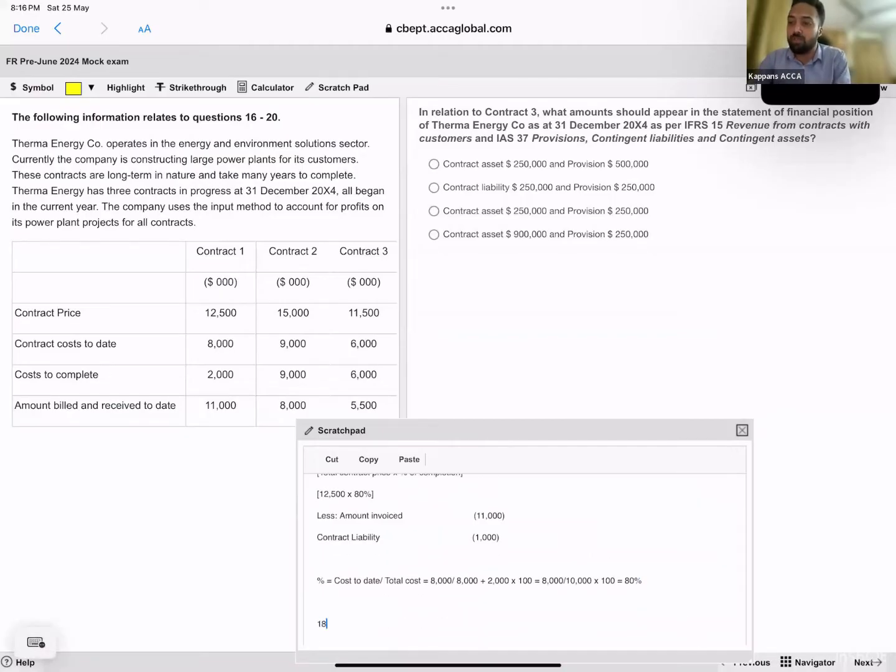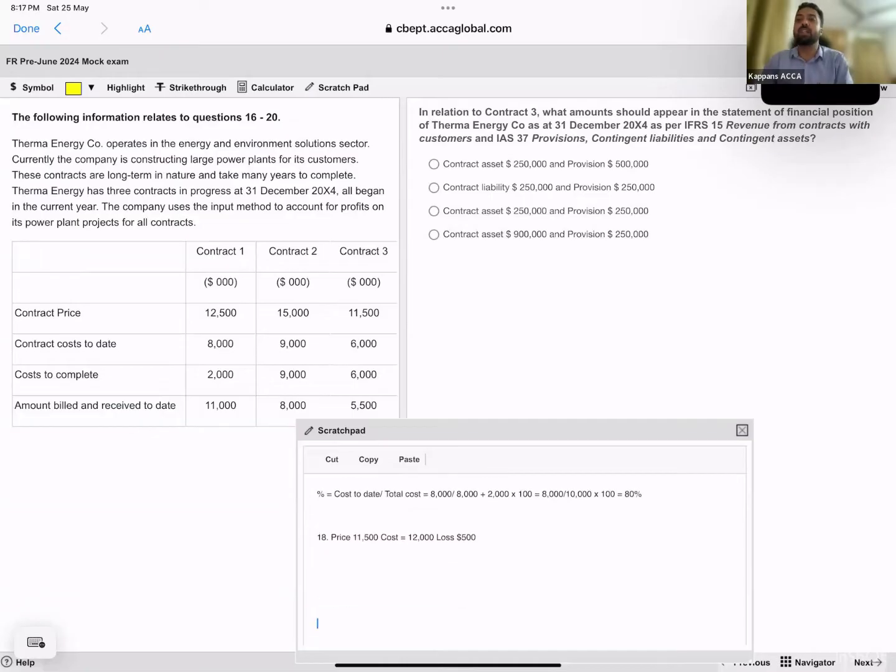So there is basically a loss of $500. We have learned that this loss should be immediately recognized in the profit and loss account. Remember that. Now, first, let's find out the contract asset.